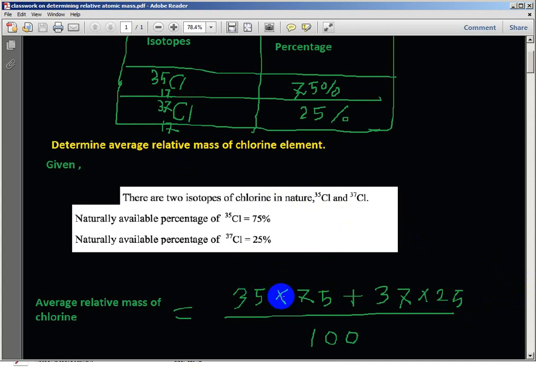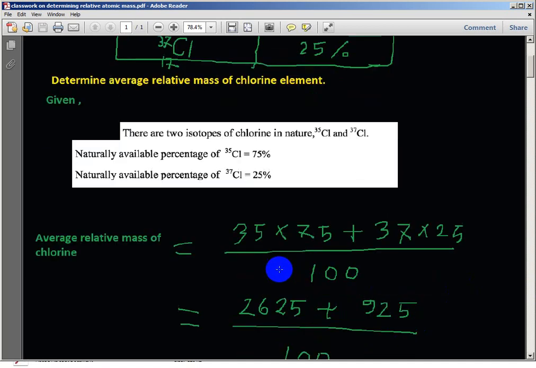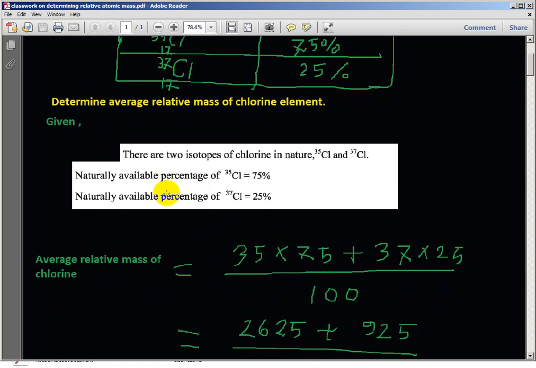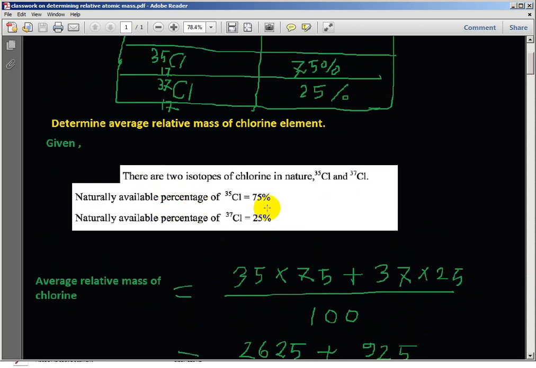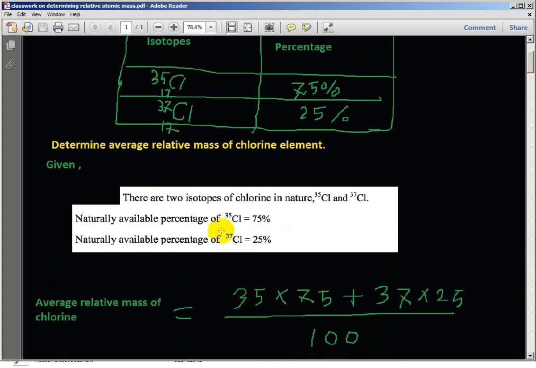Here there are 2 isotopes, so you write first the mass of the first isotope multiplied by the percentage of the first isotope, plus the mass of the second isotope multiplied by the percentage of the second isotope, divided by 100. Okay, so here the given natural abundance of chlorine-35 is 75% and of chlorine-37 is 25%.